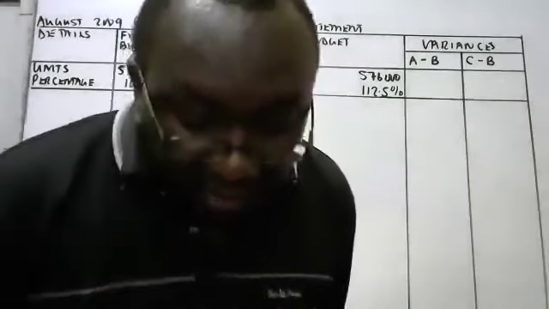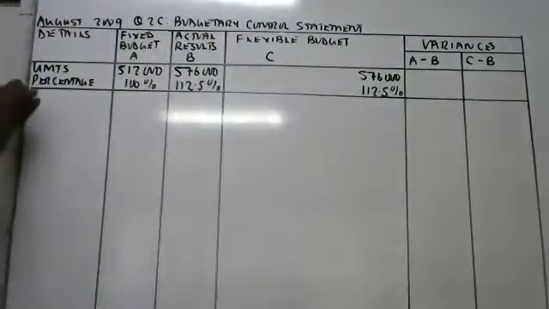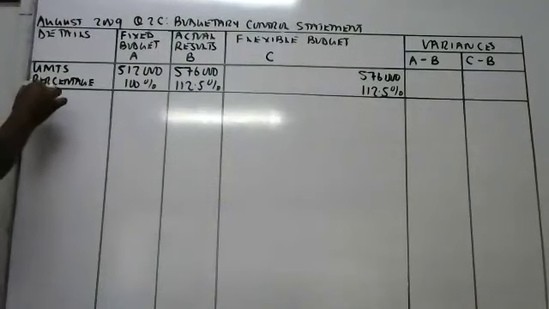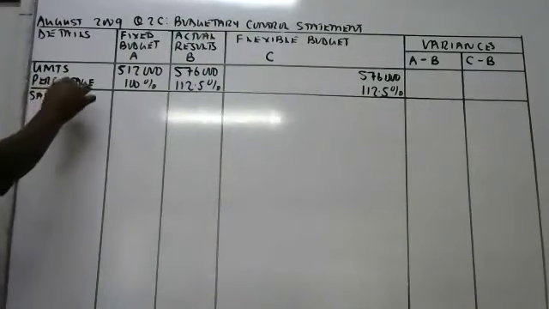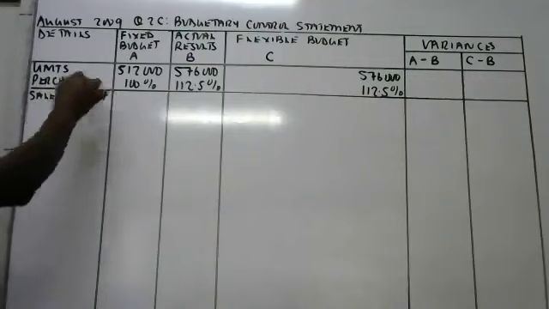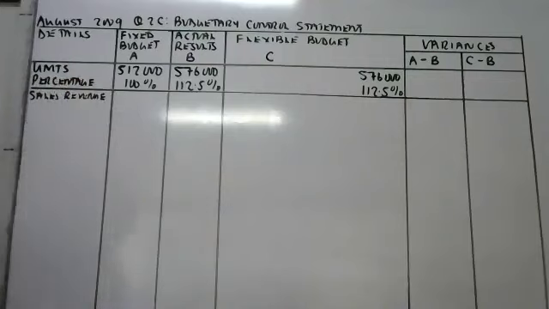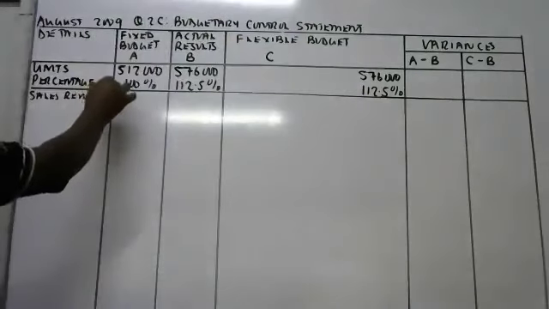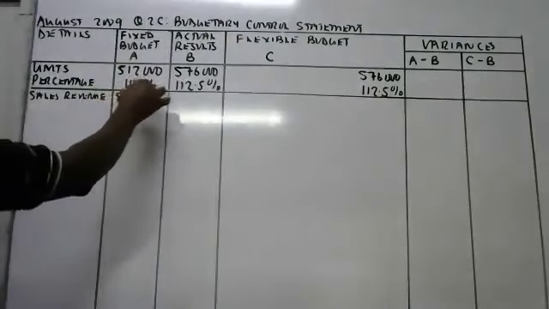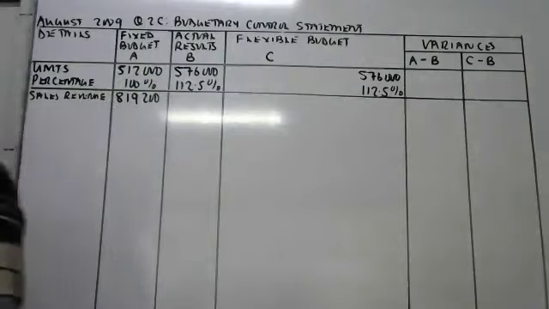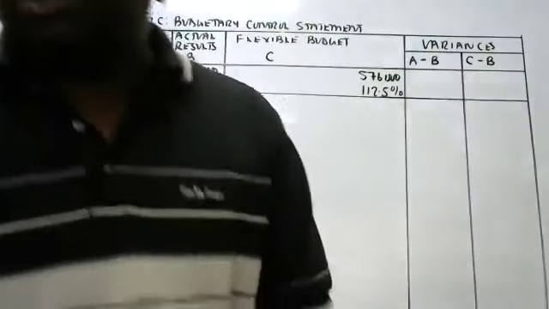So the first item is sales revenue. Sales revenue in the original budget, we are given how much? 819,200. So you just put it like that, 819,200.